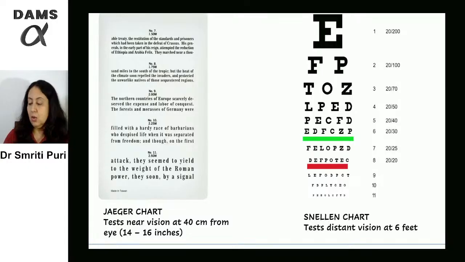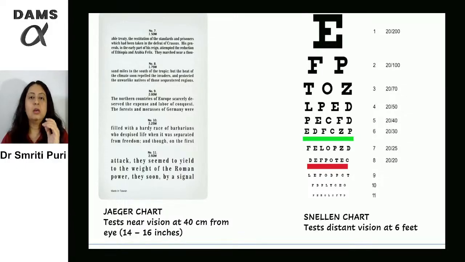Now I'm sure many of you must have seen a Snellen's chart whenever you go for an eye checkup or eye examination, especially people who wear spectacles. In Snellen's chart, you have different words mentioned in different lines and the font size is decreasing.